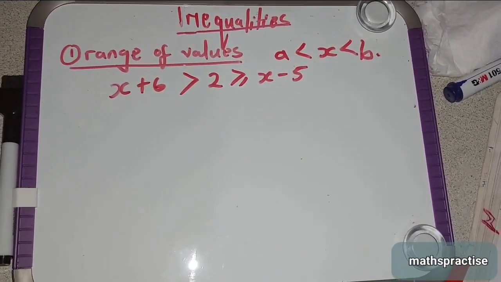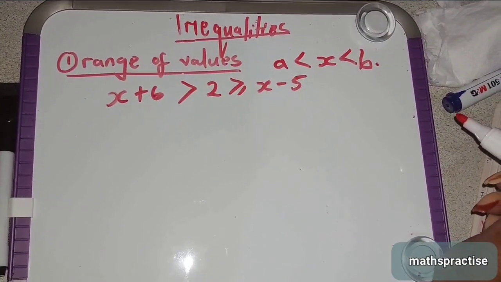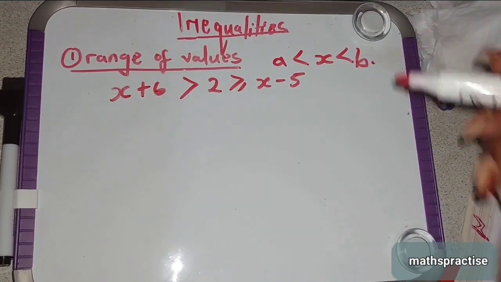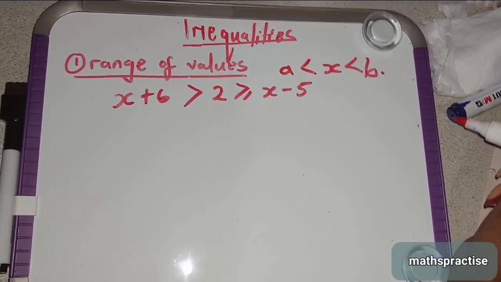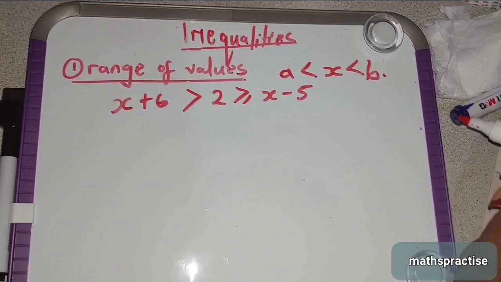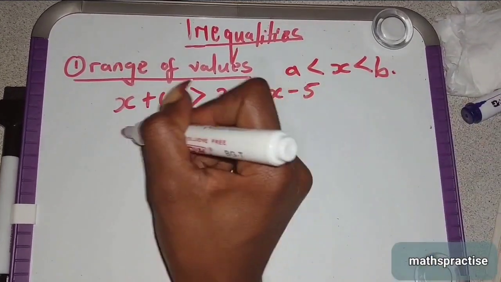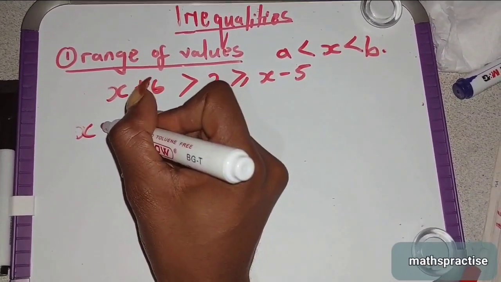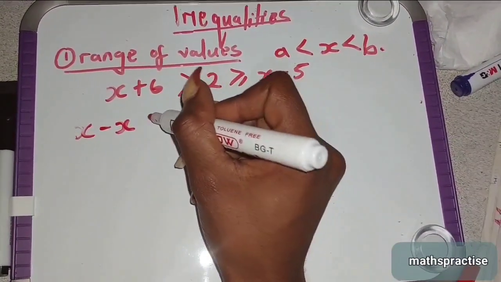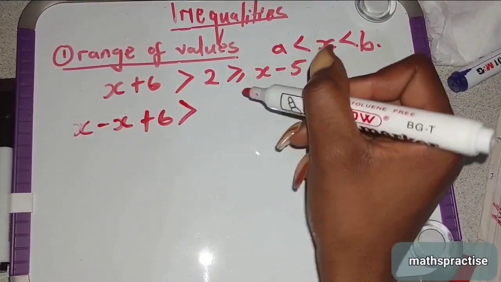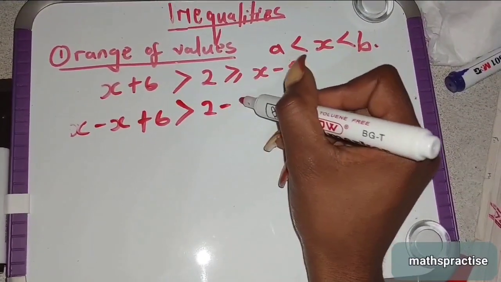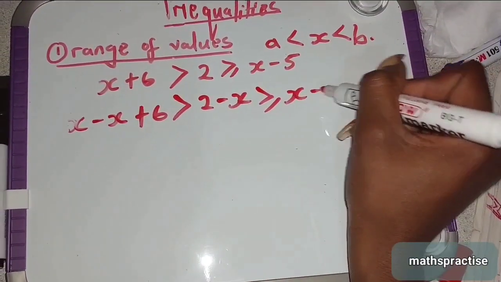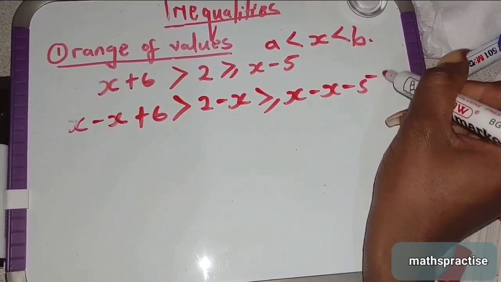So for example, with the example that we have, we want to have our x at the center. So we are going to subtract x throughout, right? So we end up having x minus x plus 6 is greater than 2 minus x, greater than or equal to x minus 5.